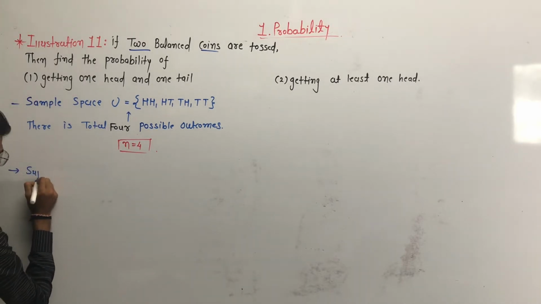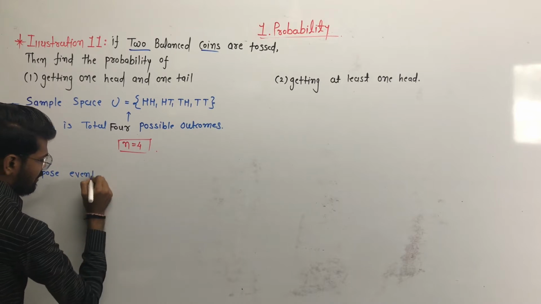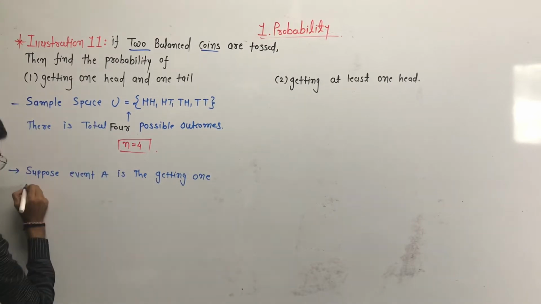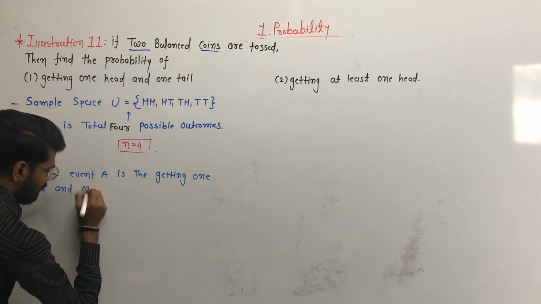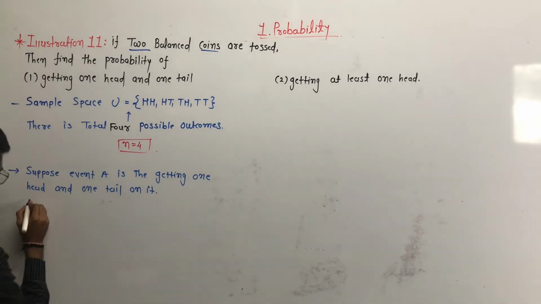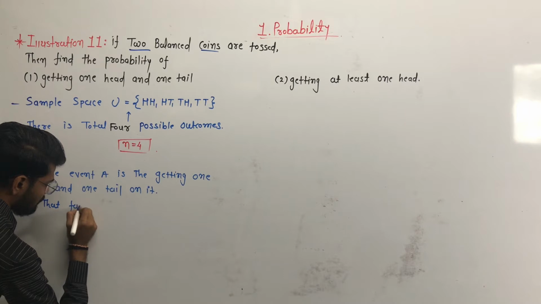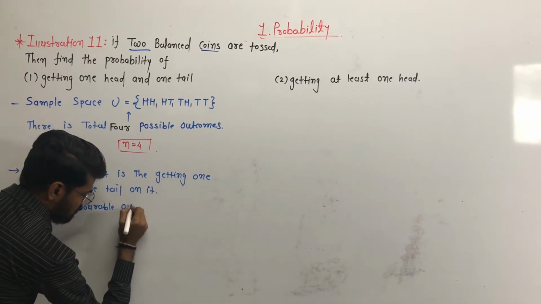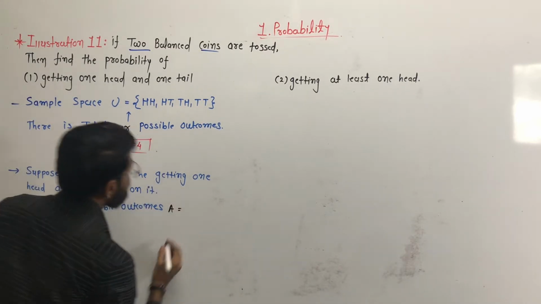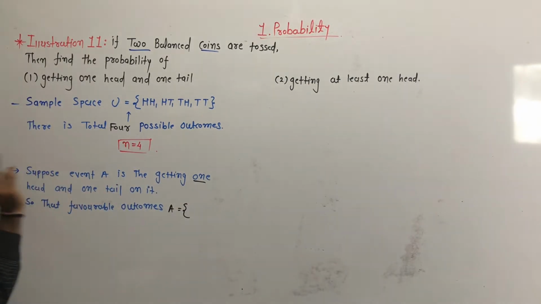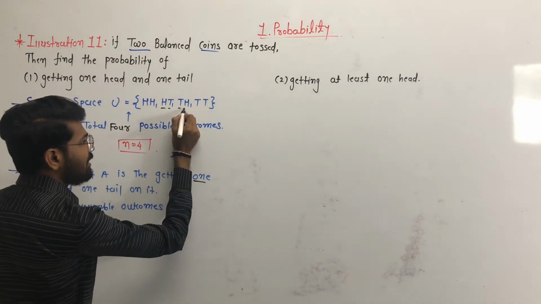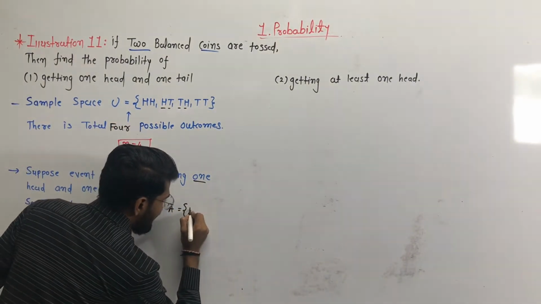Then our favorable outcome will be getting one head and one tail. वन हेड होना चाहिए एंड वन टेल होना चाहिए. तो यहाँ पे हम देख सकते हैं वन हेड है, वन टेल है, वन टेल है एंड वन हेड है. Our favorable outcomes will be HT and TH.